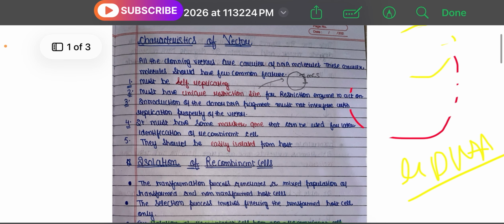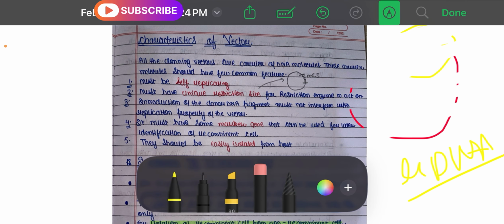The first very important characteristic of the vector is self-replication. What is self-replication? It means that whenever my gene of interest, which is inserted into my vector, is going to multiply, it should not be dependent on the bacterial chromosomal DNA.